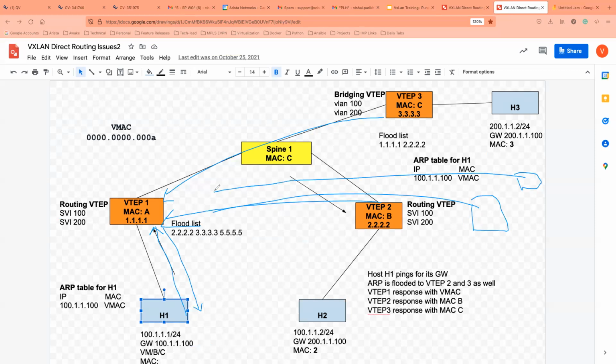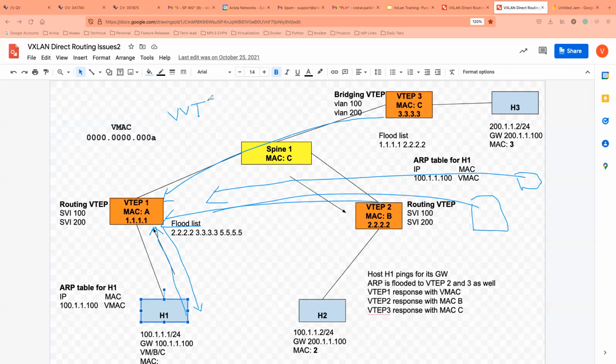So unnecessarily you will have so many ARP replies in your network, and if there are 1,000 or 10,000 hosts, you might see a lot of ARP replies in the network. So these are the two more issues we see in this type of scenario where the VTEP IP is not configured.